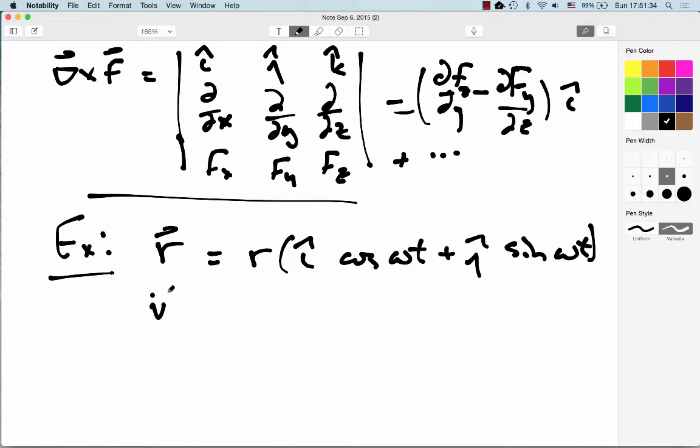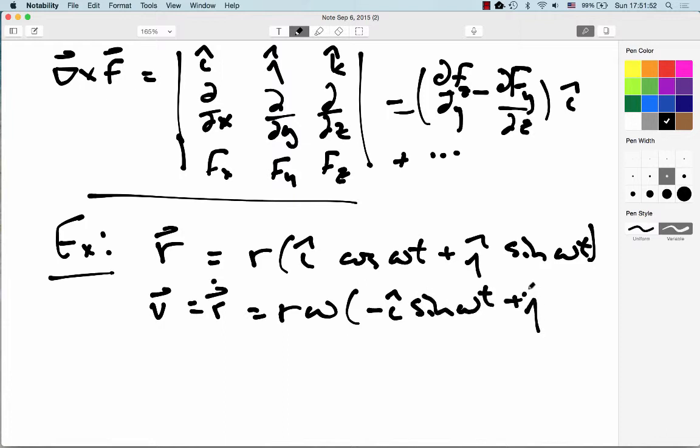Then the velocity would be r dot, so we're going to pull out omegas from each of these when we differentiate. Our omega derivative of cosine is minus the sine, so this will be minus i hat sine omega t plus j hat cosine omega t.